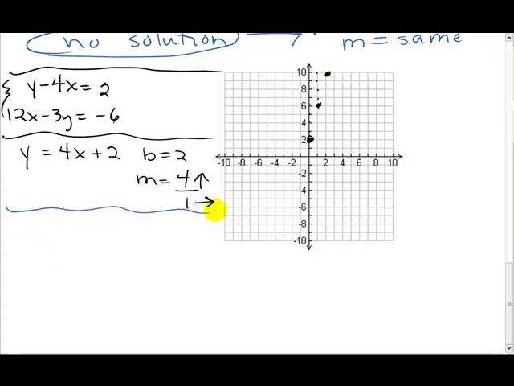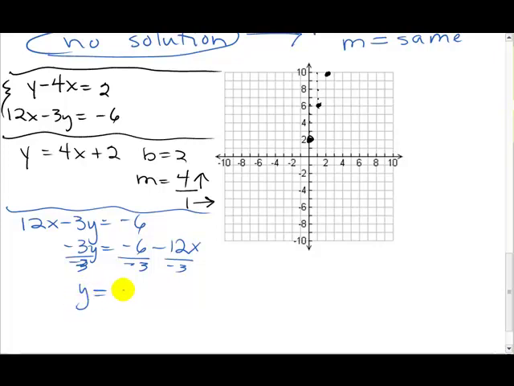Let's do the second equation. Alright, I'm going to go ahead and rewrite this one again so I can be certain that I'm doing the right thing. I'm minusing the 12x. Then divide by negative 3. Gives me y equals positive 2 plus 4x.